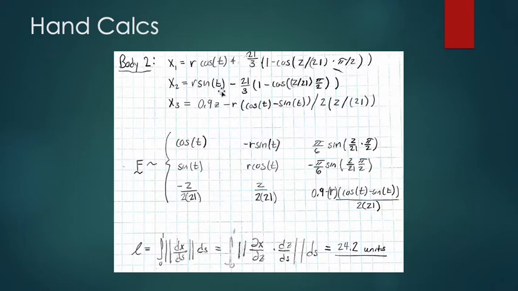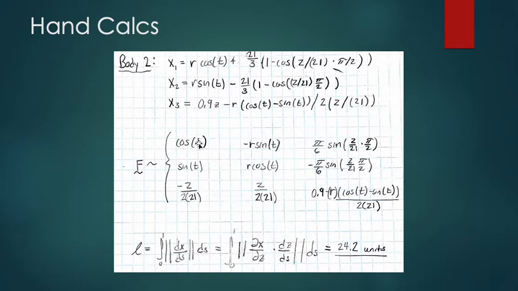And then x2 is similar, but just with sine, and then a minus. And then the x3 direction is 0.9 z minus r times cosine minus sine t, all over 2, and that 2 is multiplying z over 21.